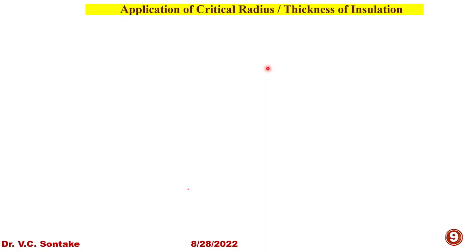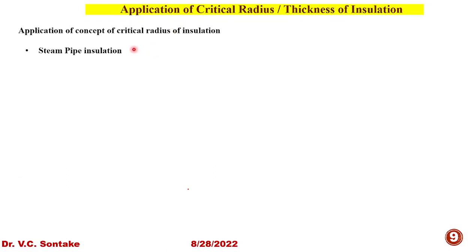Now, application of the concept of this critical radius or critical thickness of insulation. The concept of critical radius of insulation is applied in providing insulation over steam pipes and electrical cables. Let us discuss how the provision of insulation in these two cases is different from the point of view of heat transfer rate enhancement or decrement.